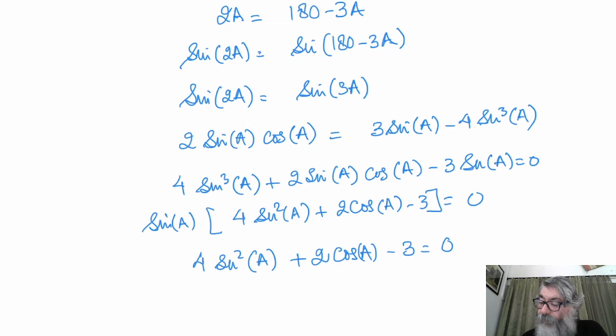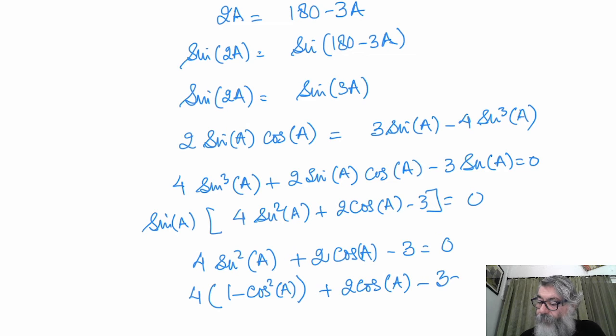By doing so, I can convert this into cos square A: 4 times 1 minus cos square A plus 2 cos A minus 3 is equal to 0.